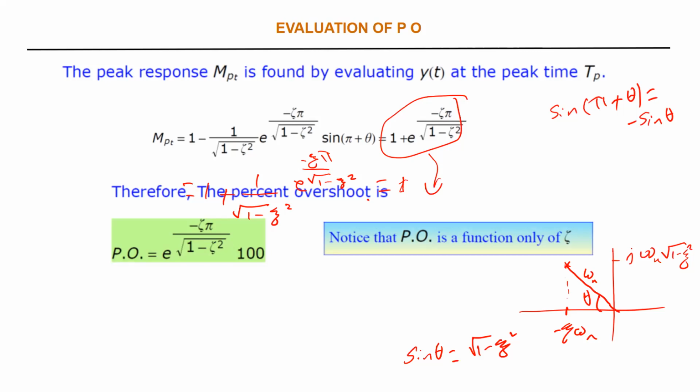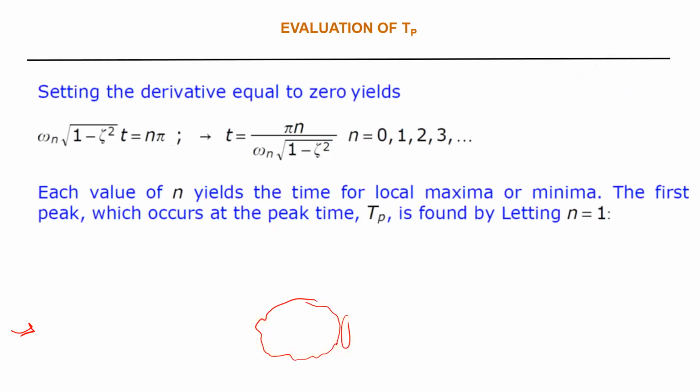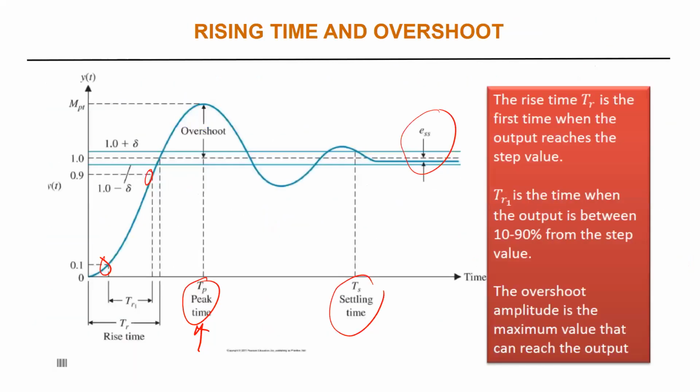Okay, yes, because look, again, if you go back to the definition, this is the way we define it. In here, this is the maximum value, and this is the step. The overshoot is between the step and the maximum value. If my step is 2, let's say, my Mp is going to be definitely more than 2, and so on.